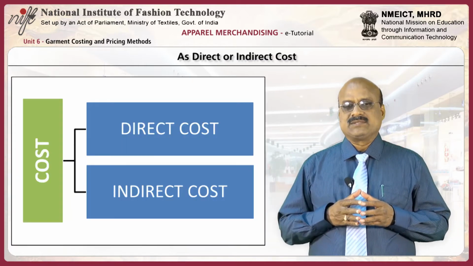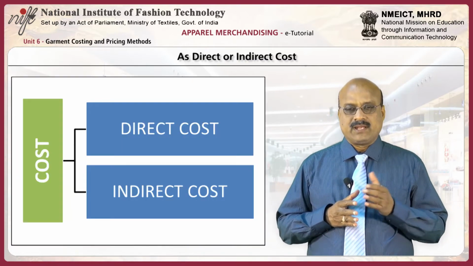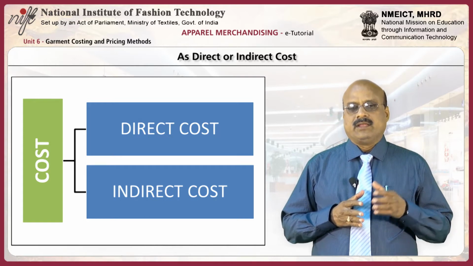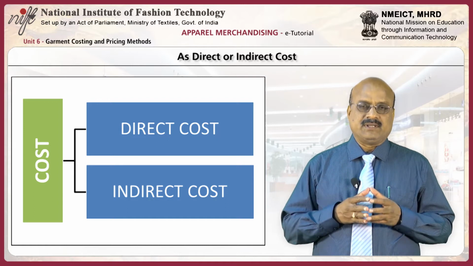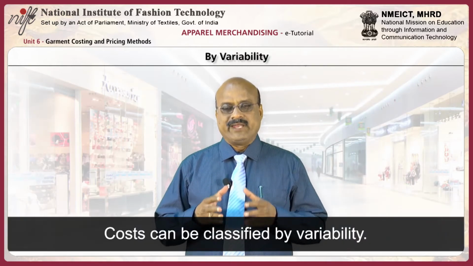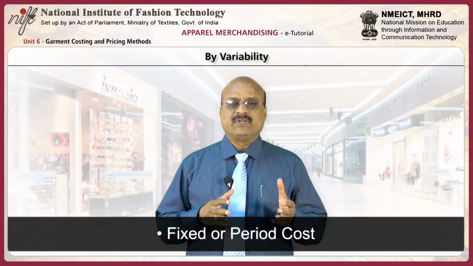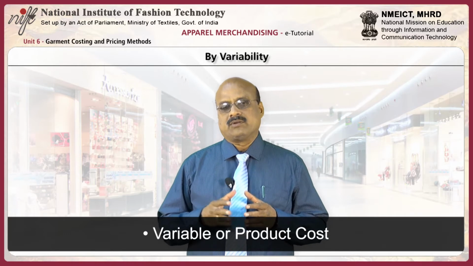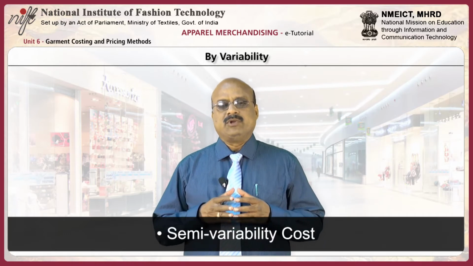Costs can be classified as direct costs and indirect costs. For example, fabric is direct, while office rental is an indirect expense. Costs can also be classified by variability, such as fixed or period cost, variable or product cost, and semi-variable costs.